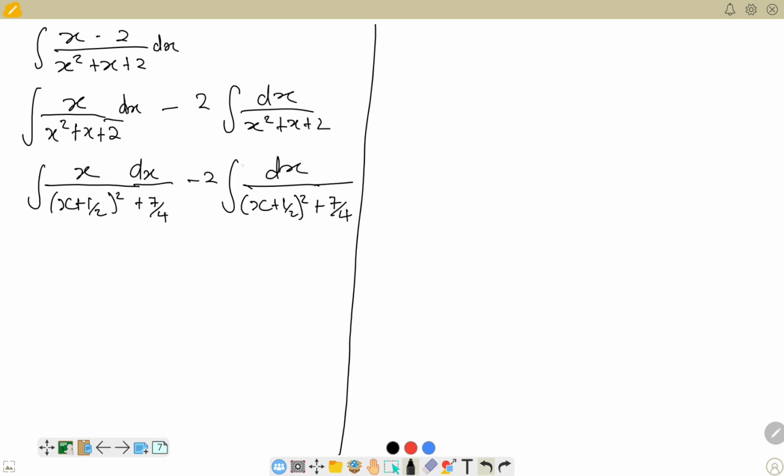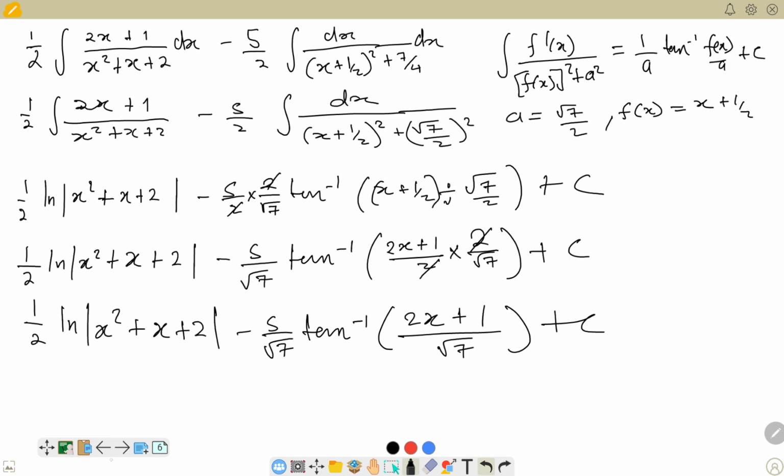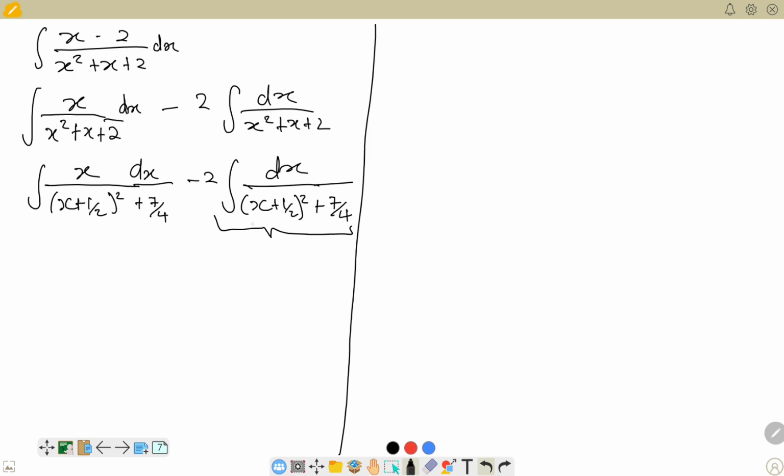Then from here, we can see that this term again, we can integrate by completing the square. It's going to be the same thing as we did here. But now the problem is that it's this side on the first term. So we can apply U-substitution on the first term.